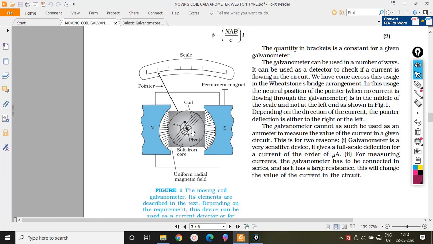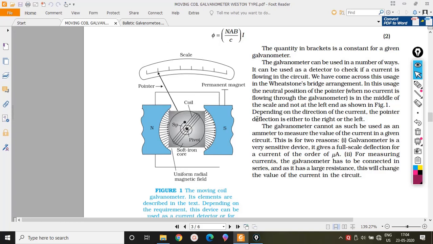Now what is the role provided by this hairspring? I am coming to that, but before that you will see that you have one system of pole pieces of two magnets, and the arrangement is interesting. That is, they are cut in a circular groove so that the magnetic field becomes radial.